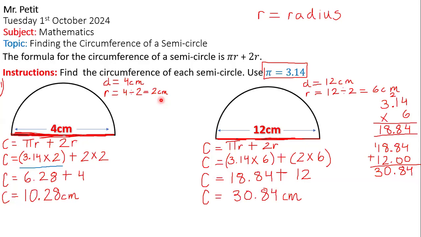Then you split them up into groups, and multiply one side and the next. So we say 3.14 multiplied by what? 6. Why are we using the radius? The radius, good. And then you do the same thing for the next side. We say 2 times 6, which is 12. And when we add them, we get what? 30.84. Very good.